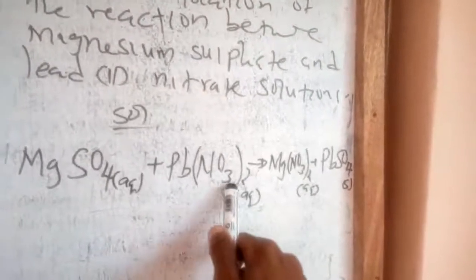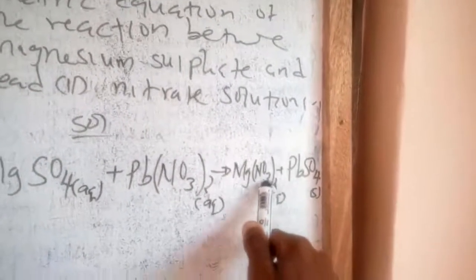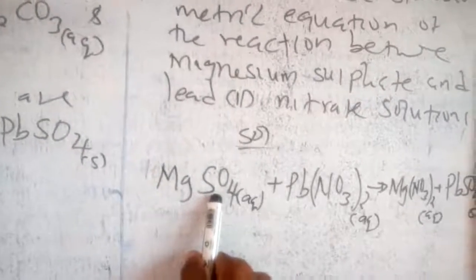There are 2 here, and on the other side also 2, meaning that nitrate radicals are balanced. Then sulfate: we have 1 sulfate ion on this side and 1 on the other side, meaning that our equation is well balanced.